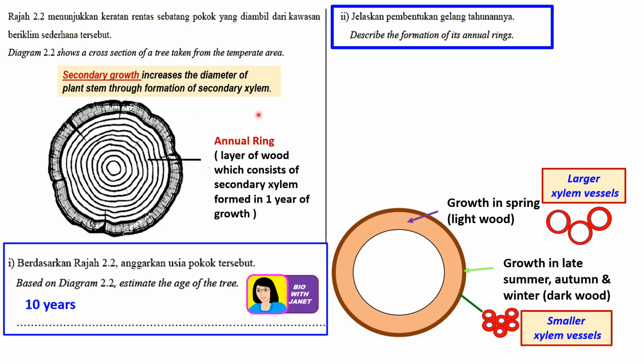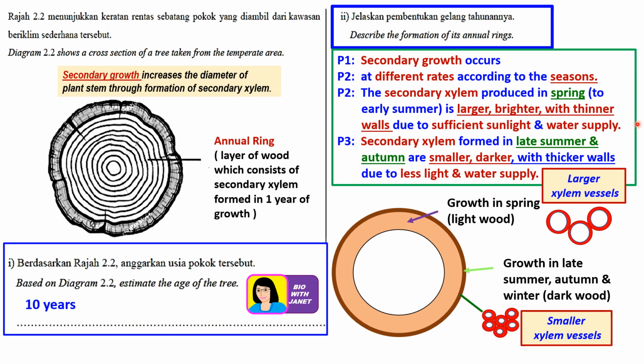10 years old, okay? Now, describe the formation of its annual rings. Firstly, we mentioned that secondary growth has occurred, but it occurs at different rates according to the different seasons. The secondary xylem produced in spring to early summer is larger, and it has thinner walls, right? So you produce a brighter colored wood or lighter colored wood due to sufficient sunlight and water supply.